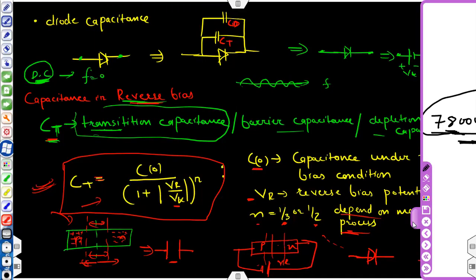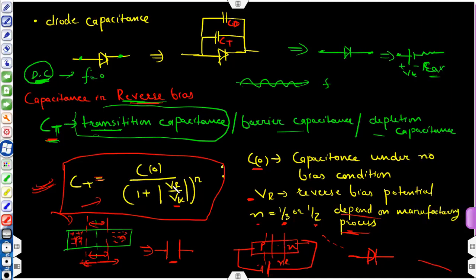So you can see that if you increase VR, what will happen? If you increase VR, the denominator will increase, and the value of CT will decrease.